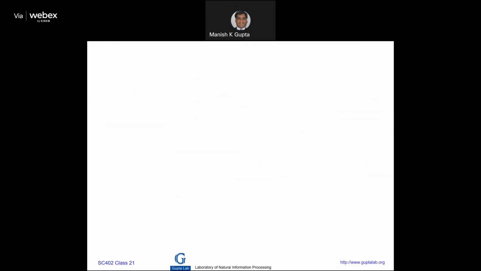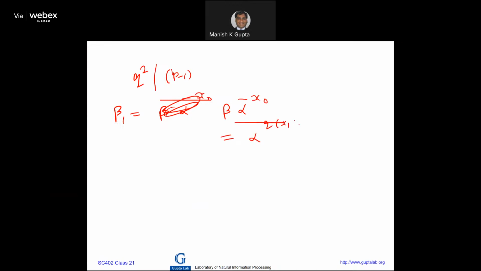Now what I'm going to do, assume that q square divides p minus 1. We are looking at the next power, and assume that beta 1 is equal to beta times alpha raised to power minus x naught, which is alpha raised to power q times x1 plus x2 q and so on mod p.